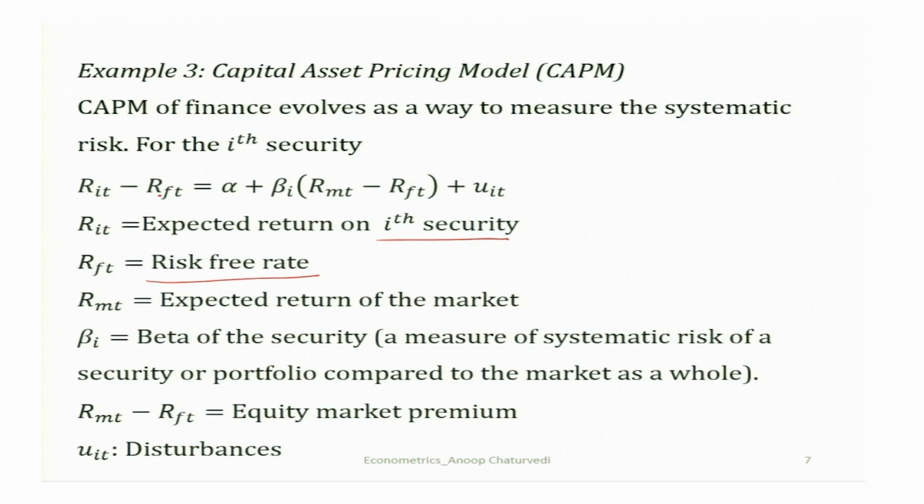So, R_it minus R_ft will give you the expected return over the risk free rate.